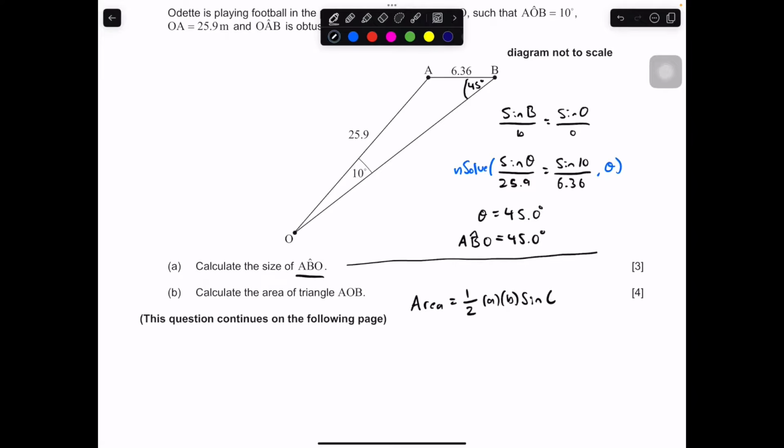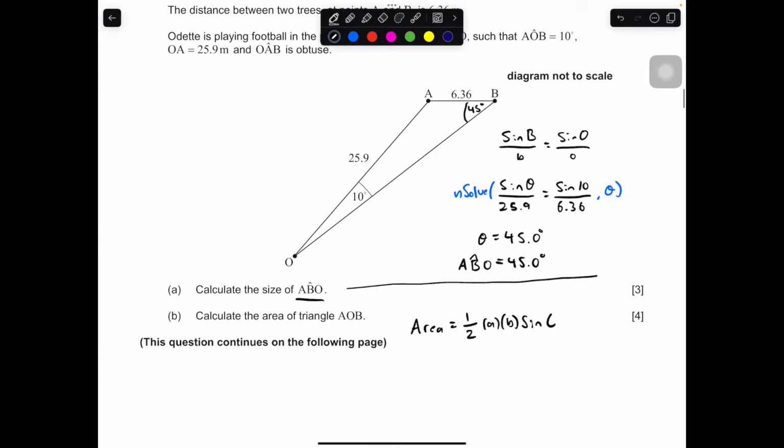So what is going on here? To calculate the area of any given triangle, let's draw one here, some non-right angle triangle. If we have one angle and two side lengths, let's say 12 and 15, an included angle and two side lengths, then we can solve.